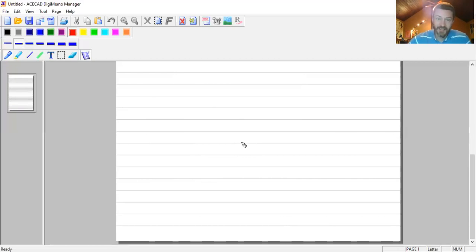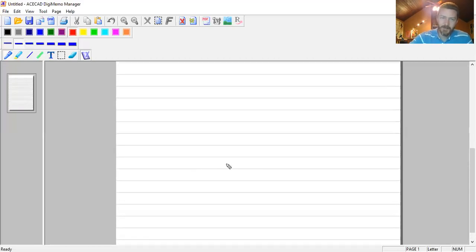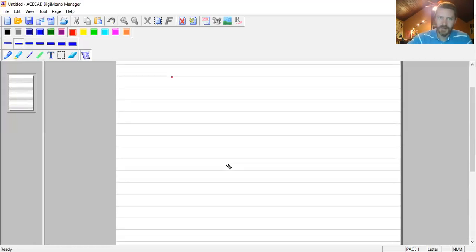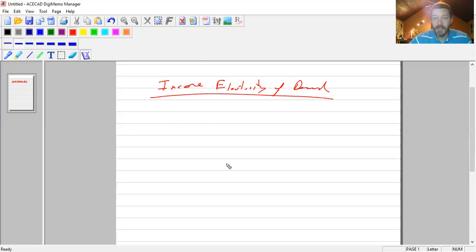And one elasticity that we kind of think about a lot is, or we don't think about it a lot, but we can use it to illustrate, income elasticity. Income elasticity of demand. We said before how, for a normal good, if income goes up, then demand goes up.